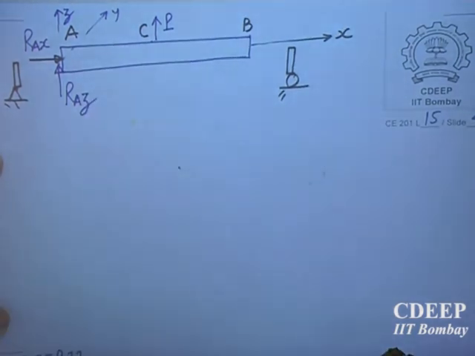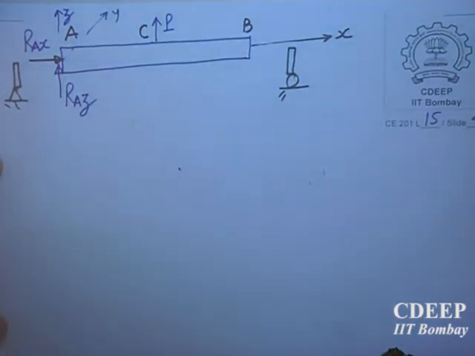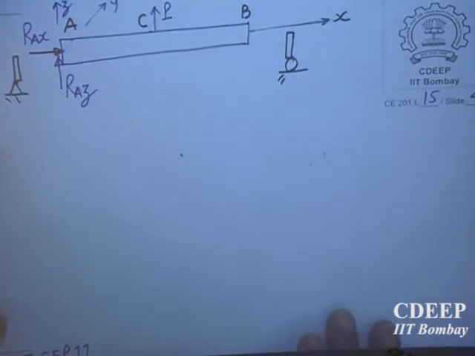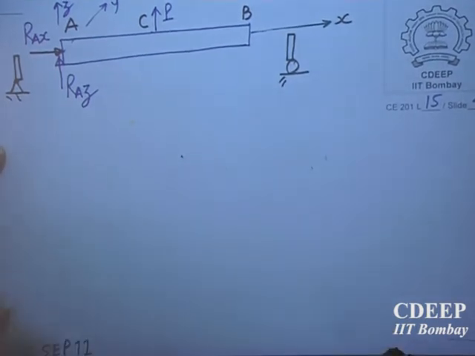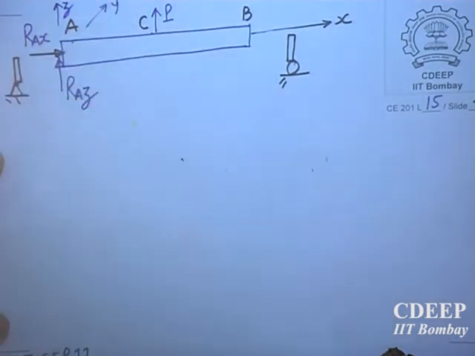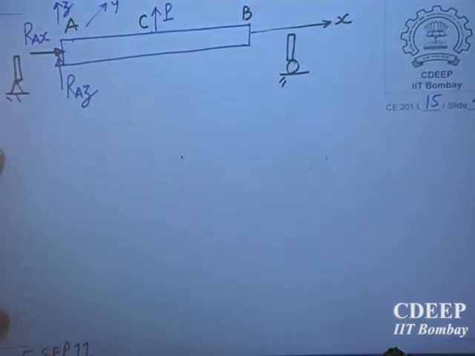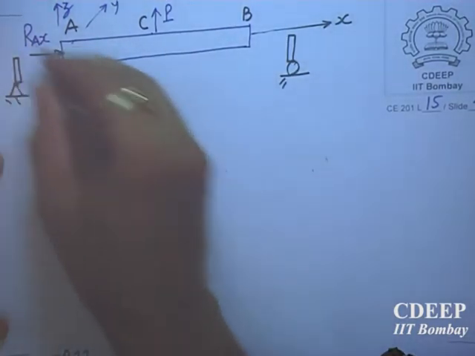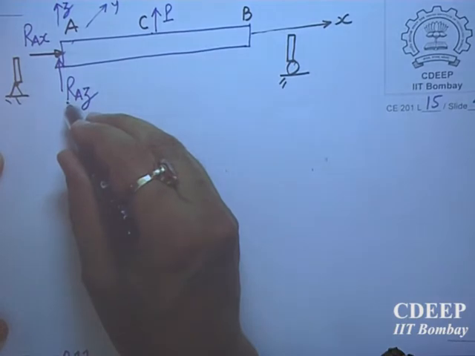This is one notation. The other one, in many books, reaction is denoted by the letter of that point. The point is A. So they say, why RAX, you are having too complicated notation.